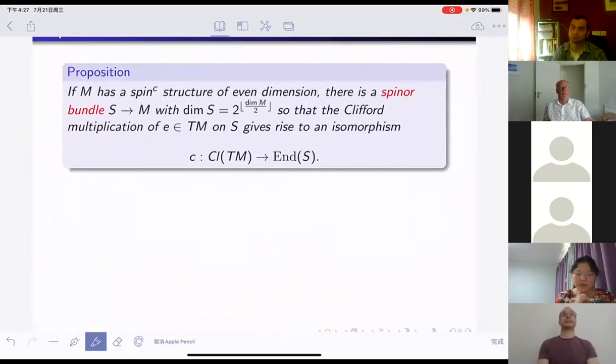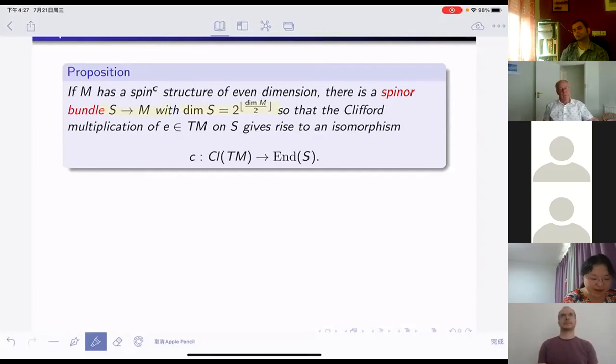And with this spin^c or spin structure, one can define the Dirac operator. But before that, we have to introduce the notion of spinor bundle. That is the minimal dimension condition.